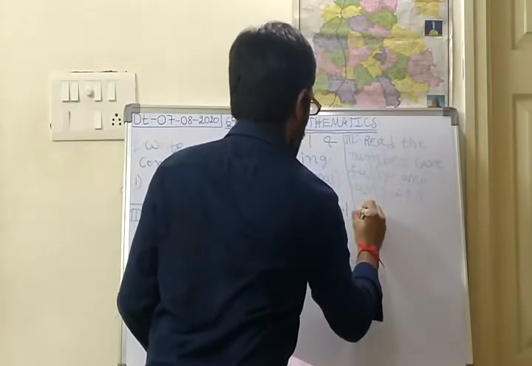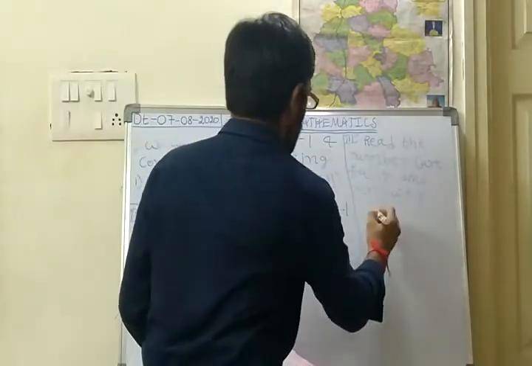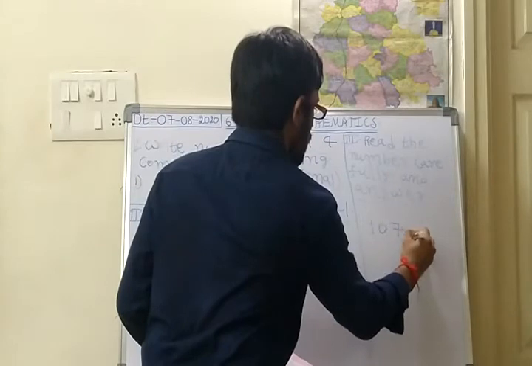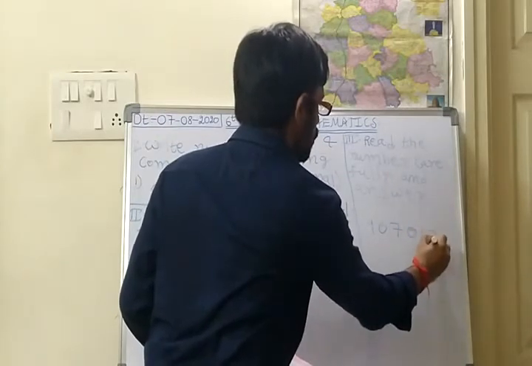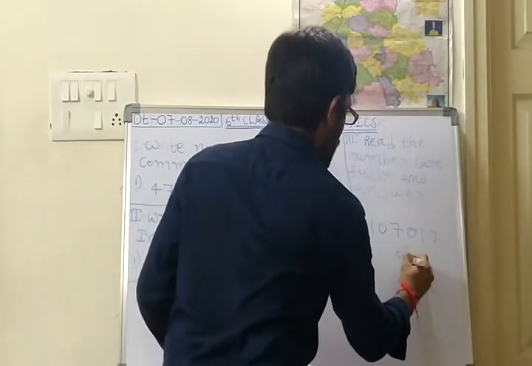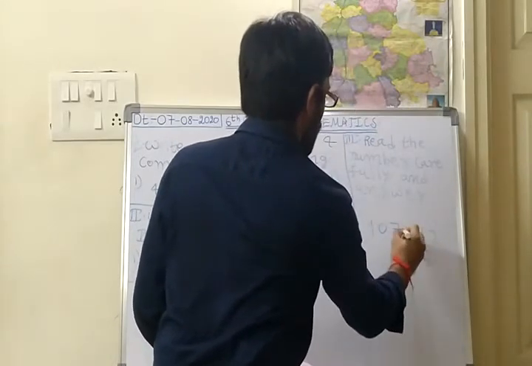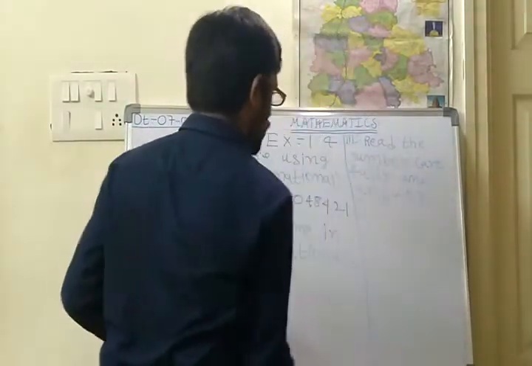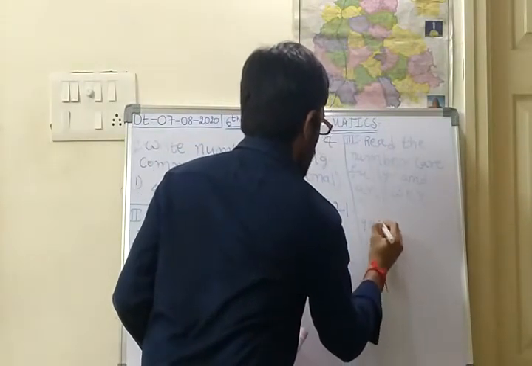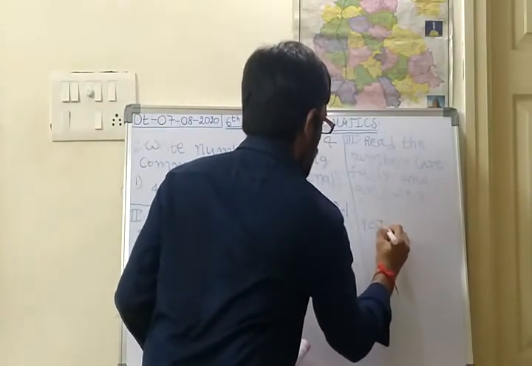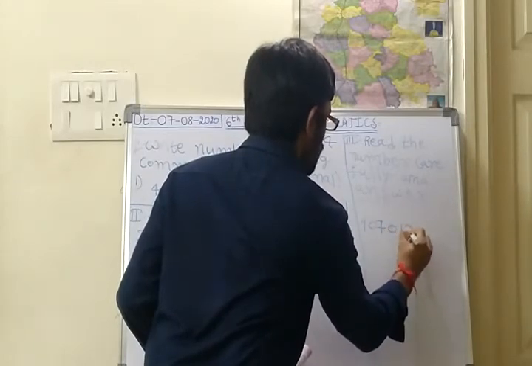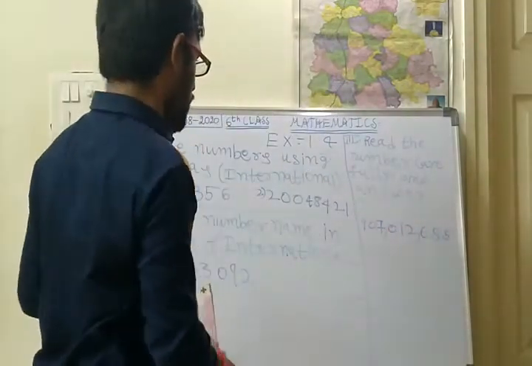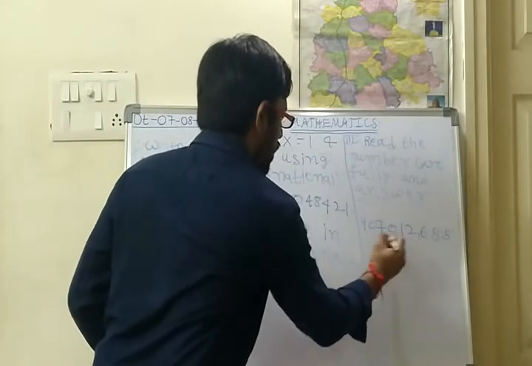So the number I am writing: 907012685. Okay, this is the number. Commas are also there in this number. So by the commas you identify which system is there.